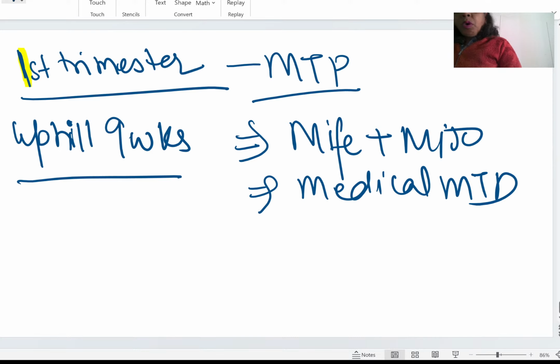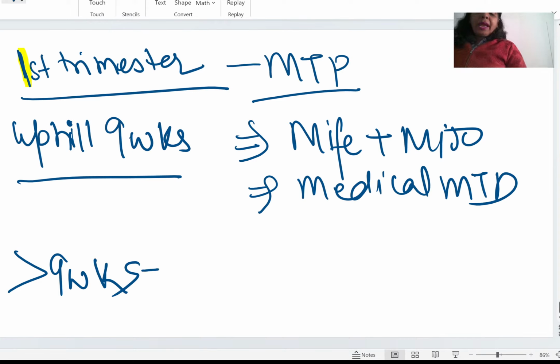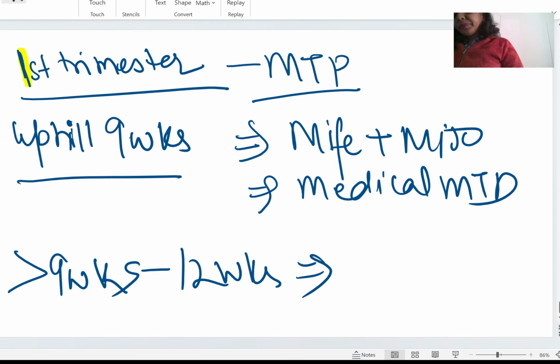If it is more than 9 weeks, what method do we use? If the pregnancy is from 9 weeks to 12 weeks, what method do we use? If the question comes in exam, what will you answer?